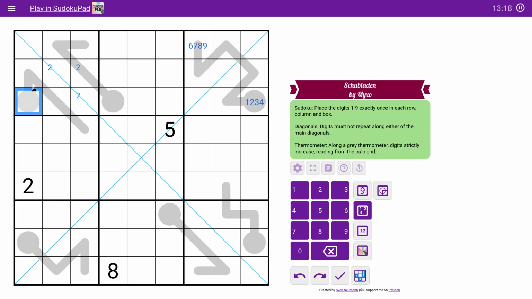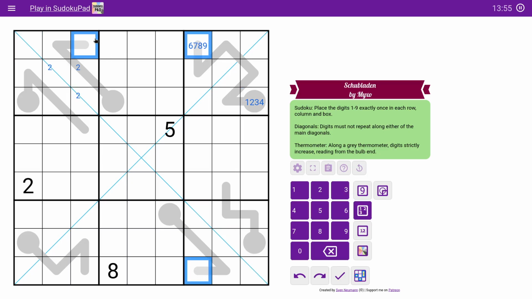Where can 1 go in this box? One of those locations. Where can 1 go in this box? Ah, finally. This cannot be 1, because it sees both of these, and that would put 1 on this diagonal twice.